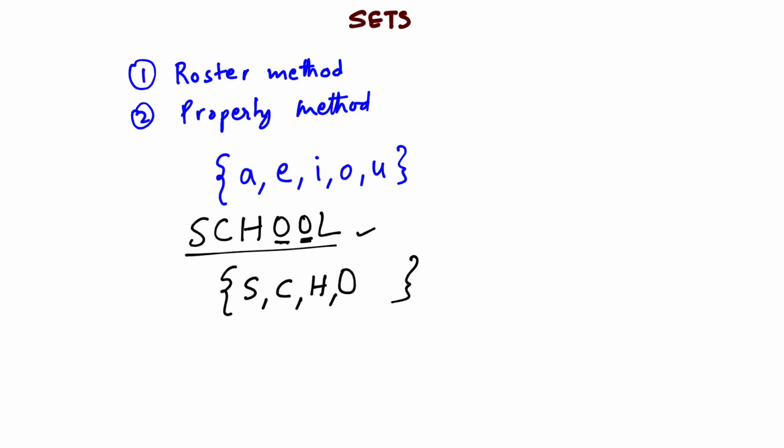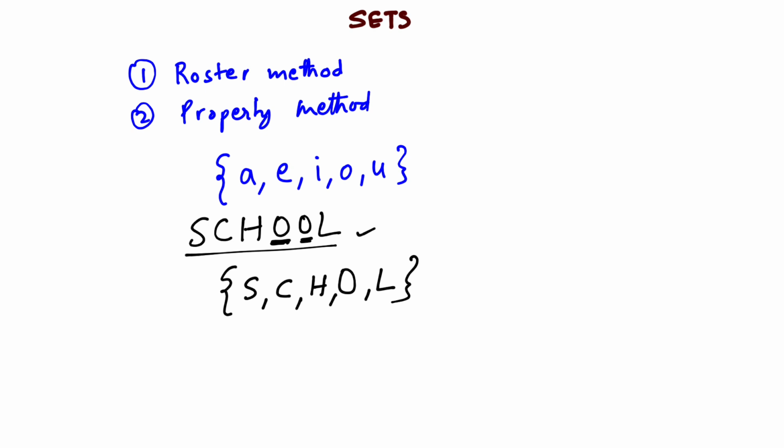In school we have O 2 times, but in a set we only write any member once. We don't have to write it 2 times. The same kind of element repeated is of no use. It is vague in a set. So we strictly prohibit repetition of members.